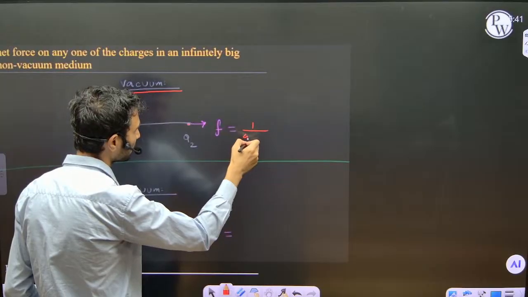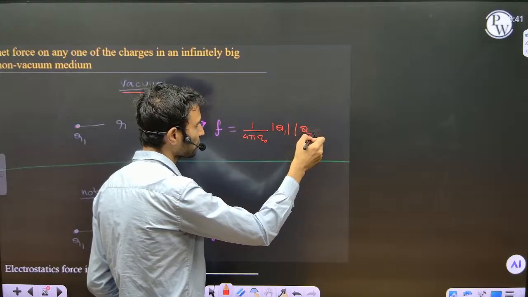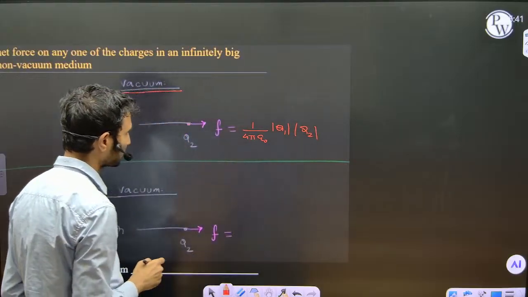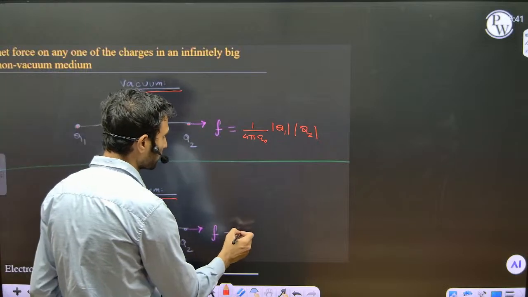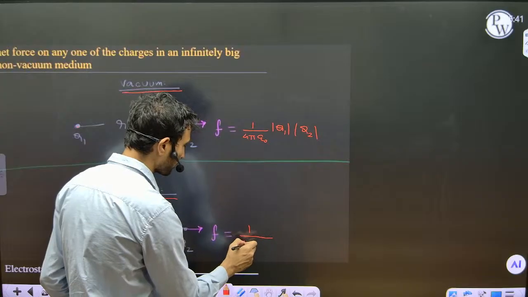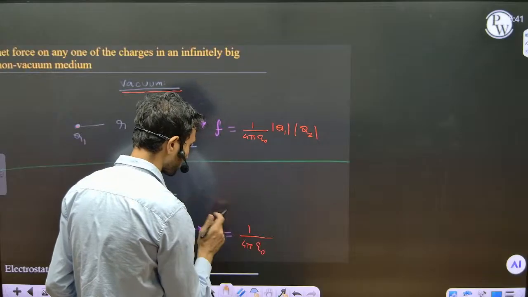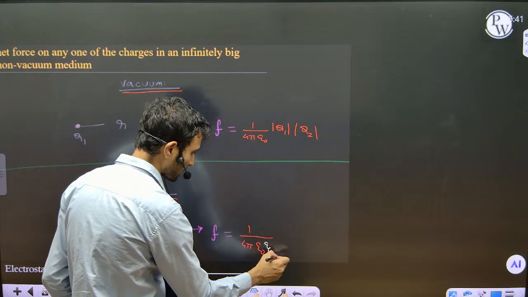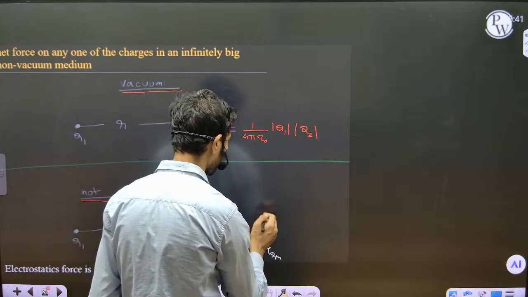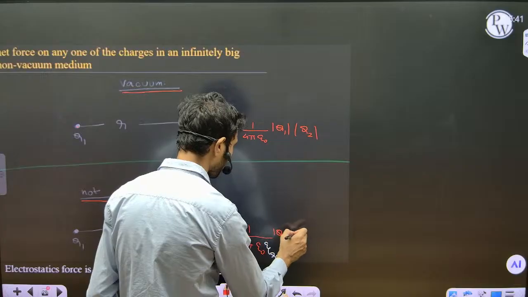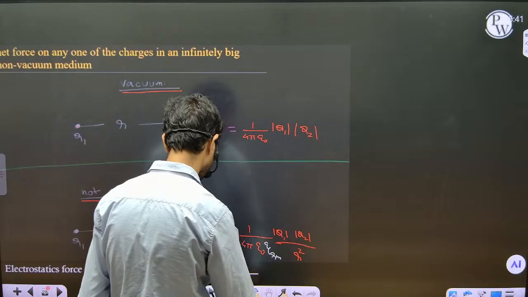F is 1 divided by 4 pi epsilon naught into mod Q1 into mod Q2 by r square. That is the force. Now if they are not in a vacuum, then what is the formula? 1 divided by 4 pi epsilon naught, and a new term comes, which is epsilon rm, and the rest of the terms are as they are, mod Q1 mod Q2 by r square.